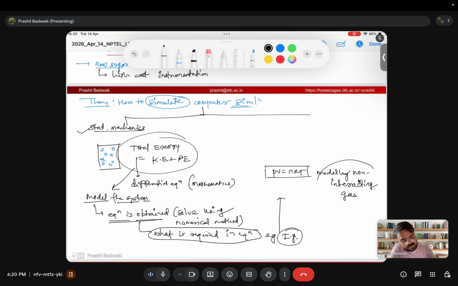We assume that gas particles are in a box and they are not interacting, they are far apart from each other. We got this equation, right? What was the next stage?